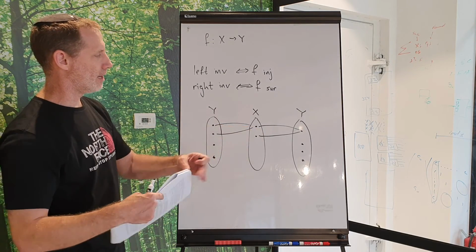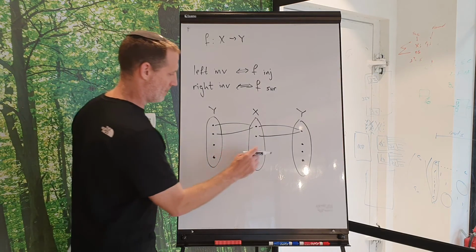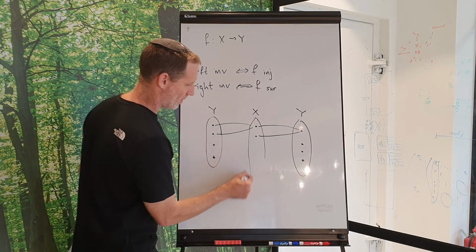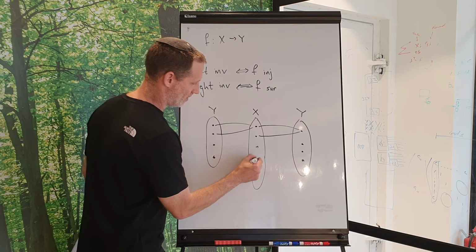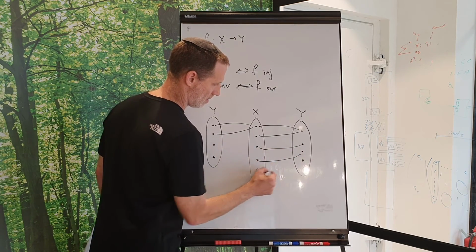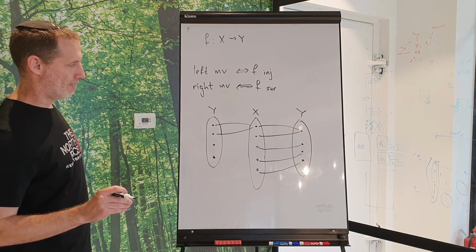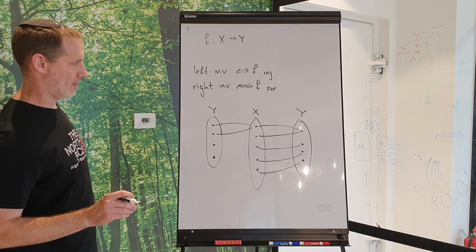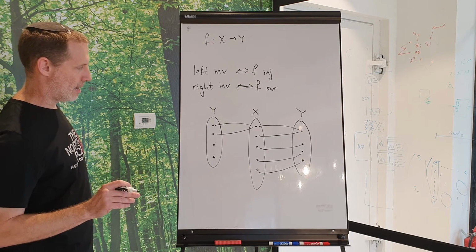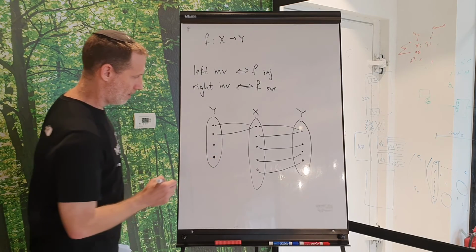I'm just trying to take the whole thing, everything, and this is surjective. Now we need to replace your second element.